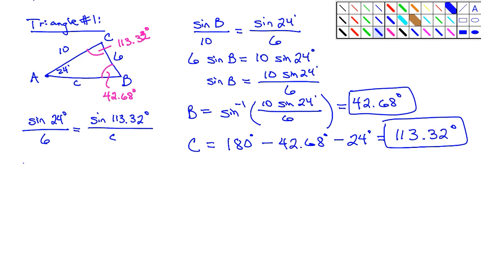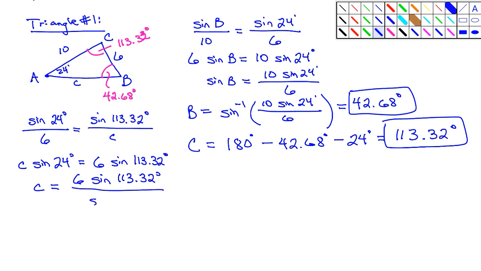Cross multiply, and we get c times the sine of 24 degrees is equal to 6 times the sine of 113.32 degrees. Divide by the sine of 24 degrees, and we get c is equal to 6 sine 113.32 degrees divided by the sine of 24 degrees, and that's equal to 13.55.